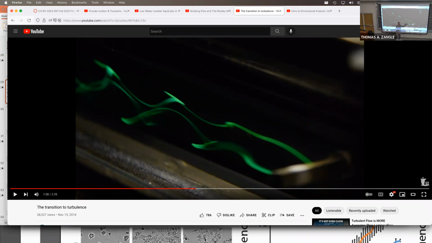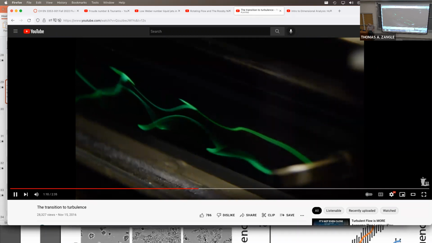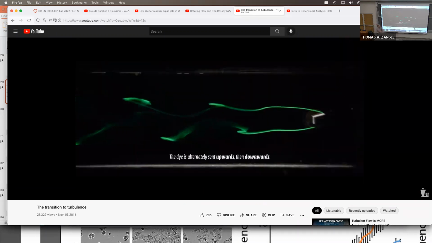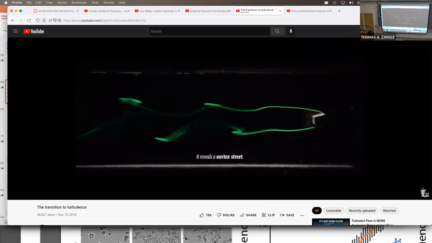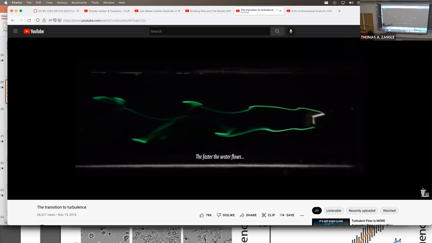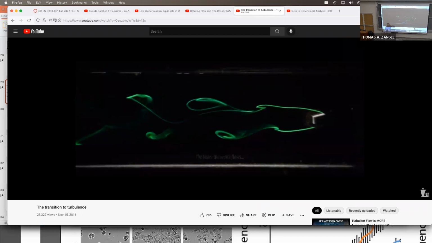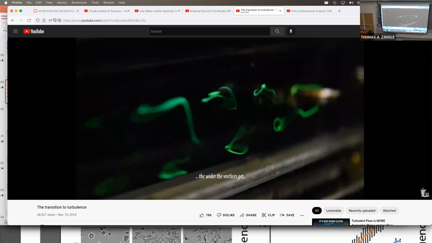So it's not being damped out. That difference in velocity is not being damped out by viscosity anymore. This formation, called a vortex street, is a little bit like lamps on either side of the flow.